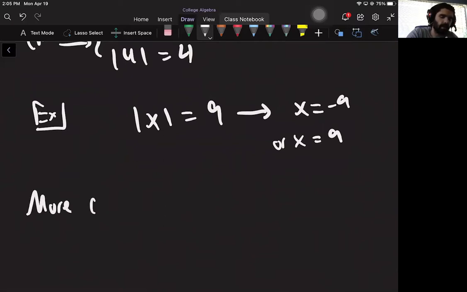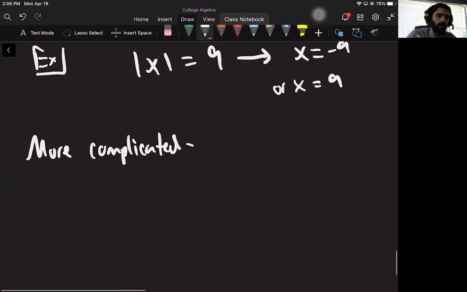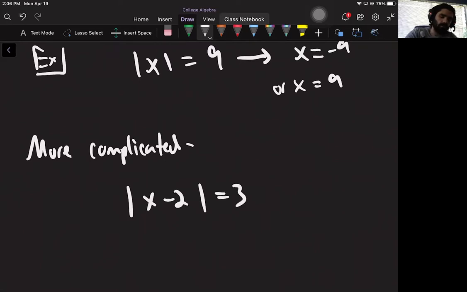Okay, so then we try to make things a little bit more complicated, a little bit at a time. So let's do that. What's next? What we can do is think about subtracting two numbers like we did before instead of just having an x in there. So we're going to think about things like this. And what does this type of thing mean?